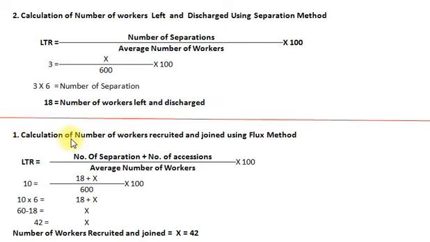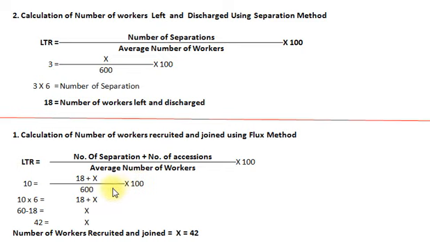Next we calculate the number of workers recruited and joined using the flux method. So our formula of labor turnover rate for the flux method is number of separations plus number of accessions divided by average number of workers multiplied by 100. Now let us put the available data: labor turnover rate 10, plus number of separations 18, plus number of accessions we have to find out, that is x, divided by average number of workers 600 multiplied by 100.